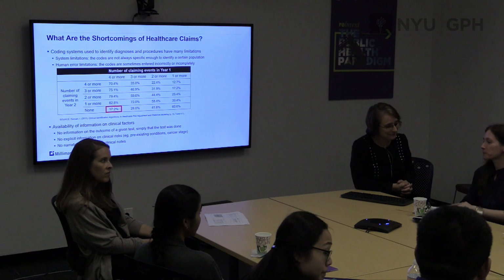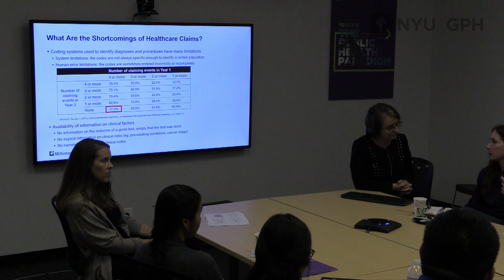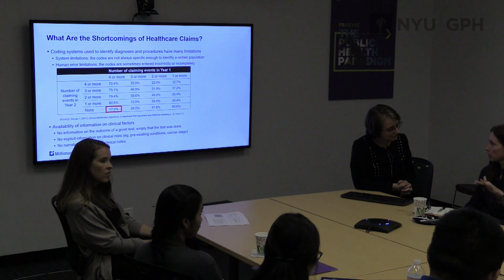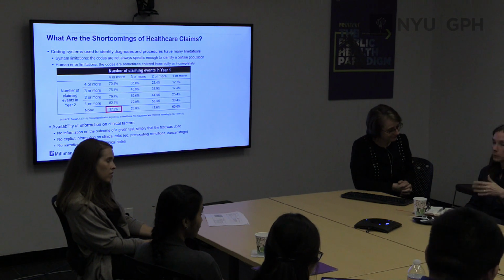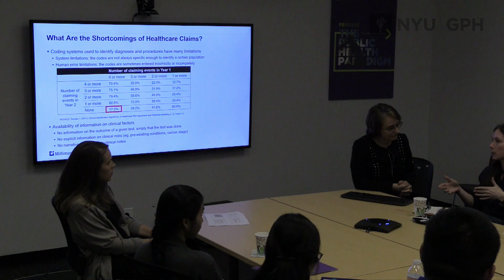Go ahead. The example of diabetes is interesting because I almost finished my work in Brazil, and we are doing the cost of diabetes in Brazil. Because of this problem, sometimes patients with diabetes seek medical care just with a complication.